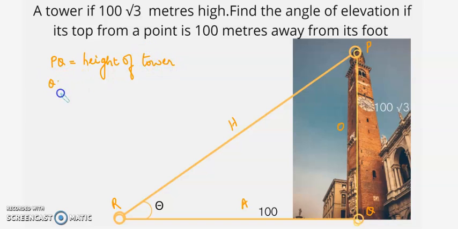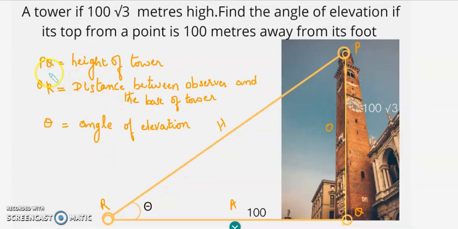QR is representing the distance between the base of the tower and the observer. So PQ is the height of the tower as I've listed here. QR is the distance between the observer and the base of the tower. The observer is here at the point R, and theta is the angle of elevation. We need to find the angle of elevation.